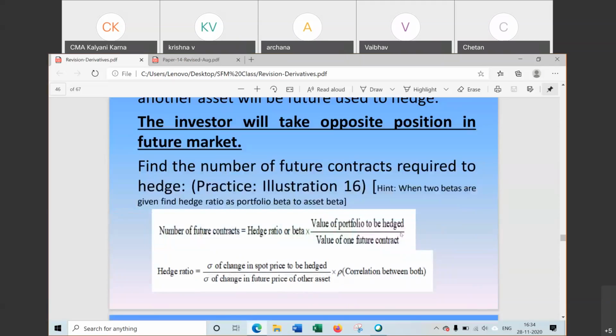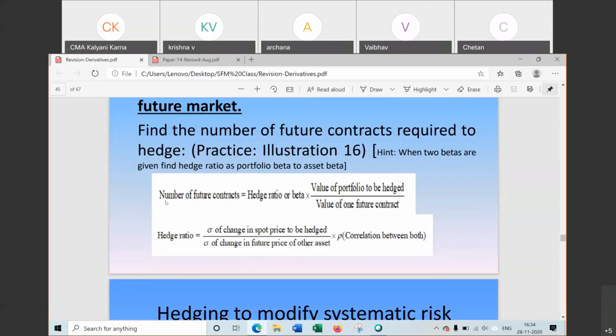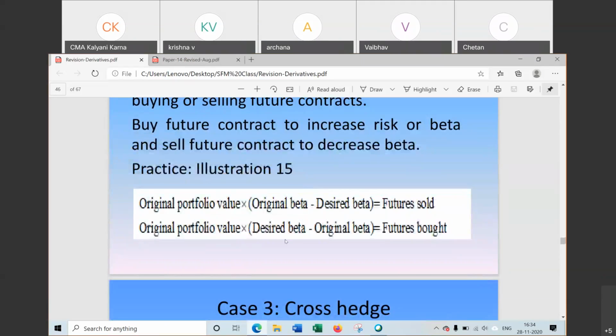Simply we can remember with the help of this formula itself. Suppose the question says, what is the number of future contracts required to decrease the beta? Rest of this portion will remain same. Only in the case of beta, we have to take this one. If the question says sold, then original beta minus desired beta. In the case of bought, it is desired beta minus original beta.